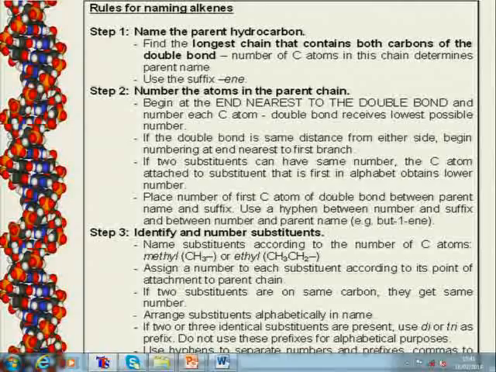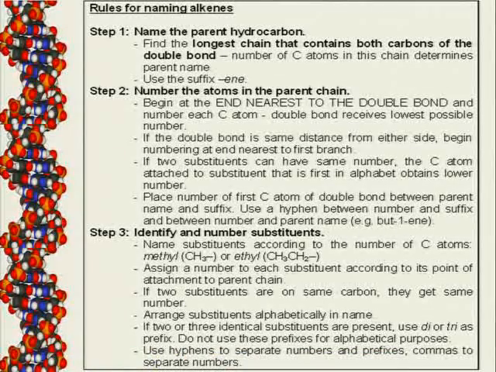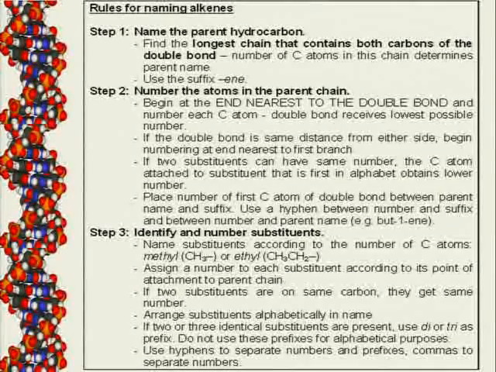So they say here, you must place the number of the first carbon atom of the double bond between the parent name and the suffix. So between the parent name and the suffix, not before the parent name. So you must put it between the parent name and the suffix, just like we have done. So if you look at this one, this is what they mean.